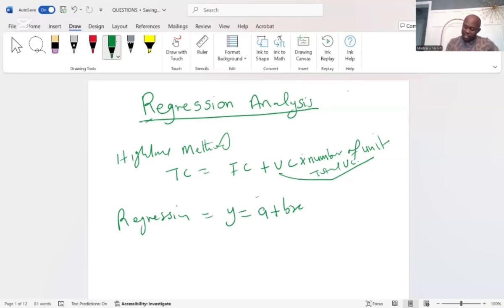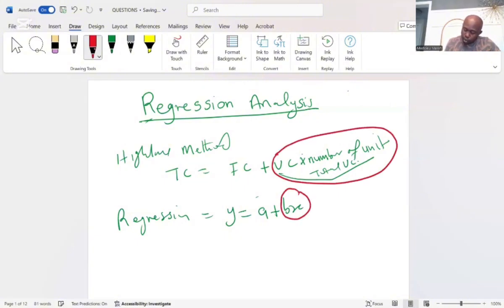If you notice, there is a similarity between these. Consider the number of units to be x, so it becomes bx. So this is the formula we'll be using for regression analysis.